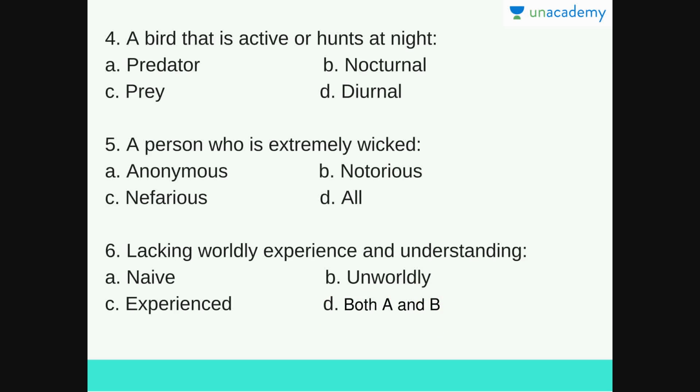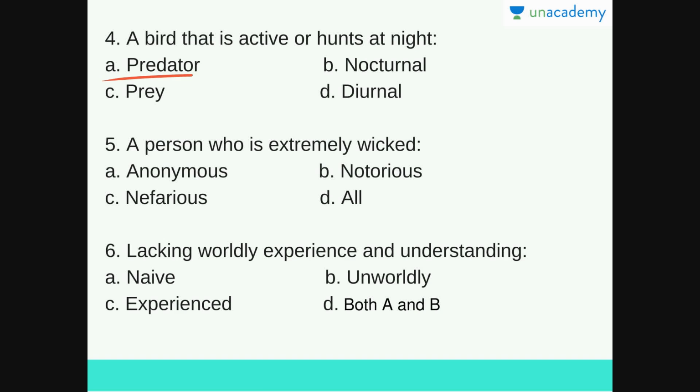Let's look at the next question. A bird that is active or hunts at night. Options are nocturnal, predator, nocturnal, prey or diurnal. The answer for this question is B, nocturnal, a bird that is active or hunts at night. At night is the important part of this question. Predator is an animal that hunts on another animal.